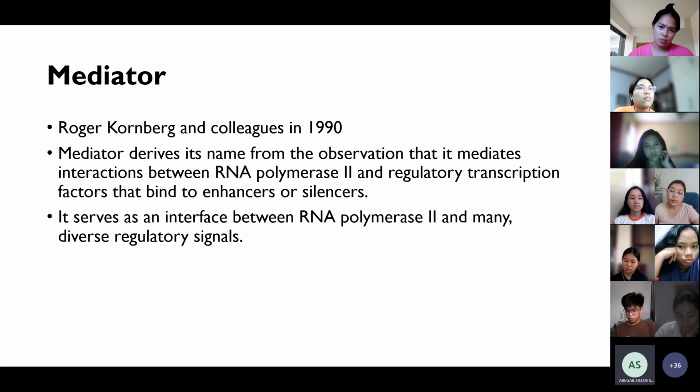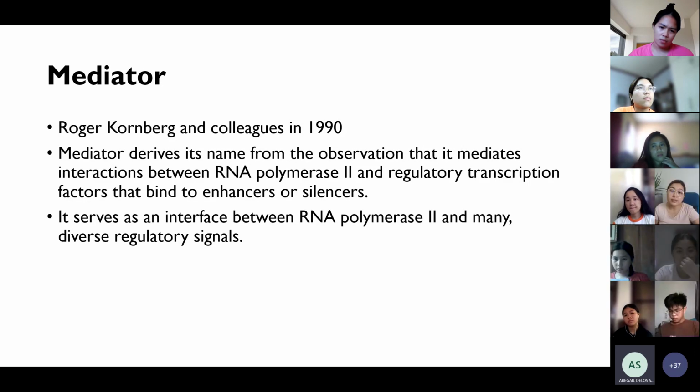So they were also awarded the Nobel Prize in Chemistry for the study of the molecular basis of eukaryotic transcription. The mediator derives its name from the observation that what it does is to mediate. It mediates the interaction between our RNA polymerase 2 and our regulatory transcription factors that can bind or enhance or silence.